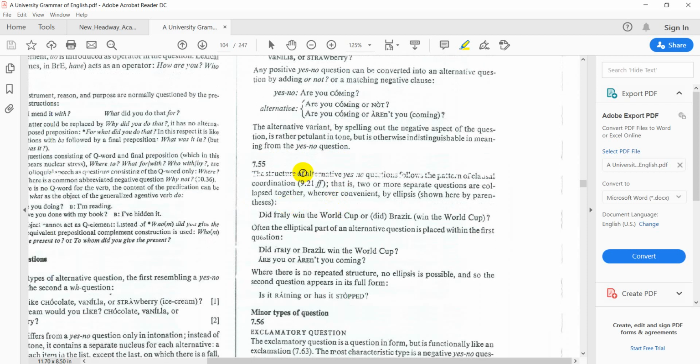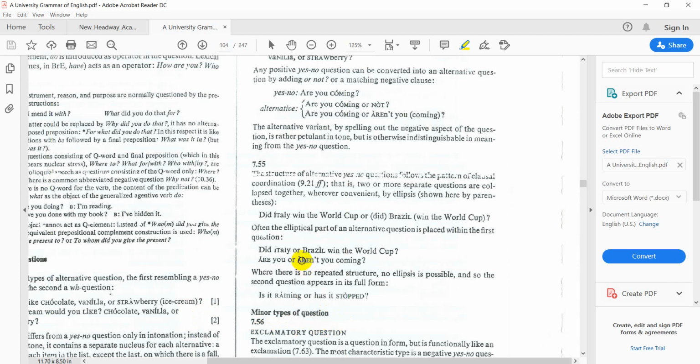Okay, let's have a look at this section, and then we will stop when we reach section 7.56. We will explain that in the next lecture.